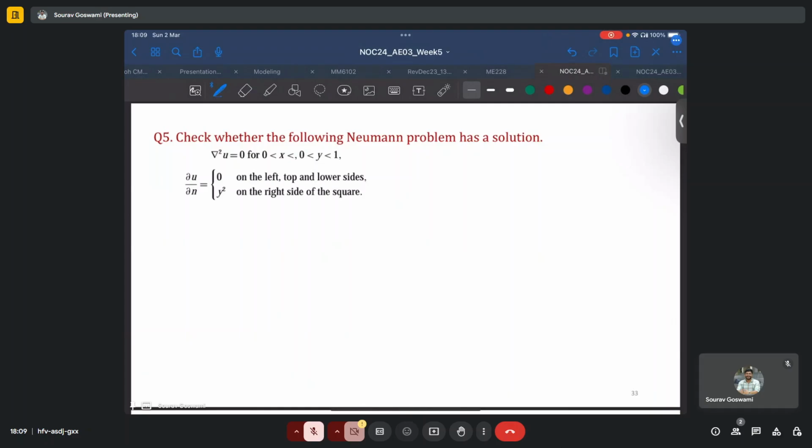We are asked to check whether the given Neumann problem has a solution, and the problem given to us is nabla square u equals 0 for x lying between 0 and 1 and y lying between 0 and 1, and dou u dou n is equal to 0 on the left, top and lower sides and equal to y square on the right side of the square. Let me just sketch the domain for easier understanding.